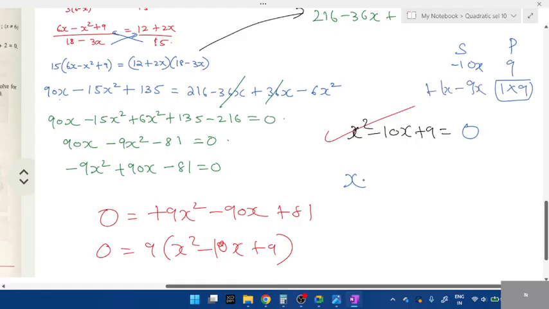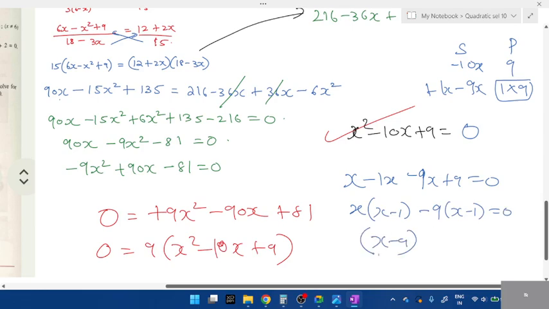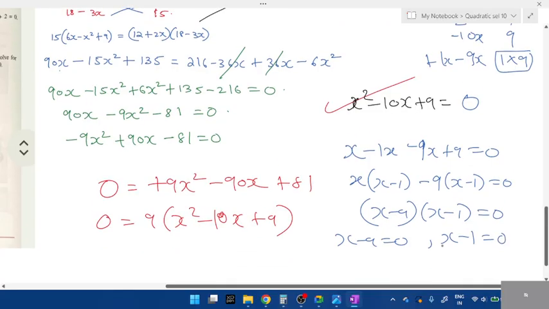Minus, take minus 9x, minus 1. All of you will complete this.